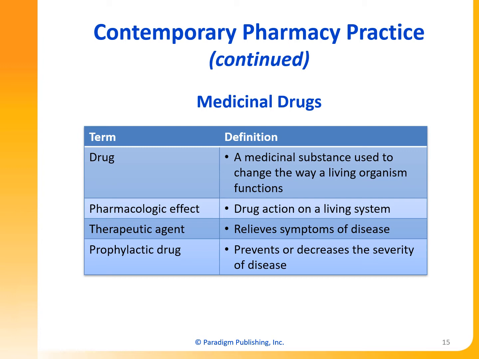For example, you could consider Tylenol a therapeutic agent because it's going to relieve the symptom of a headache or any kind of pain that you're experiencing in your body. The prophylactic drug, for example, I get migraines, so I take medication as prophylaxis to prevent the migraines.